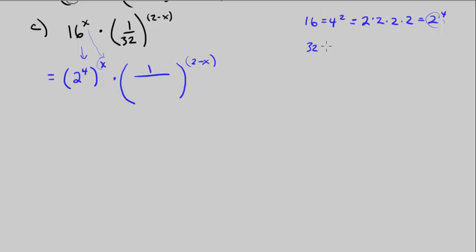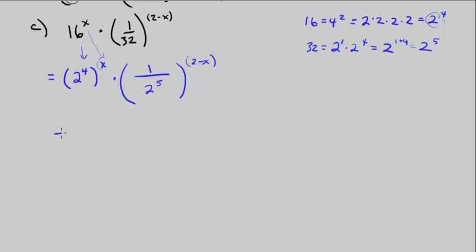What is 32 equal to, getting the smallest base possible? We know it's equal to 16 times 2, and 16 is equal to 2 to the 4th. So if we multiply 2 times 2 to the 4th, there's an invisible 1, so that's 2 to the 5th, 1 plus 4. So 32 we can replace as 2 to the 5th power.